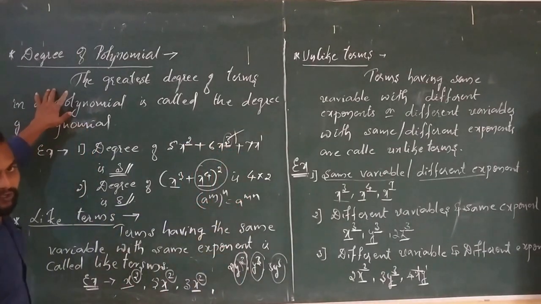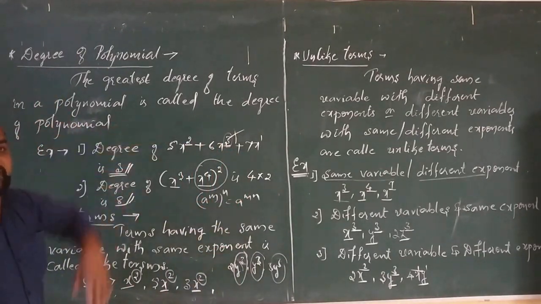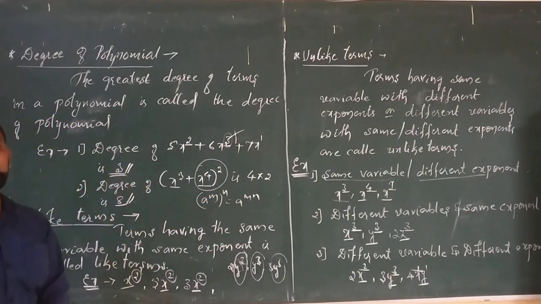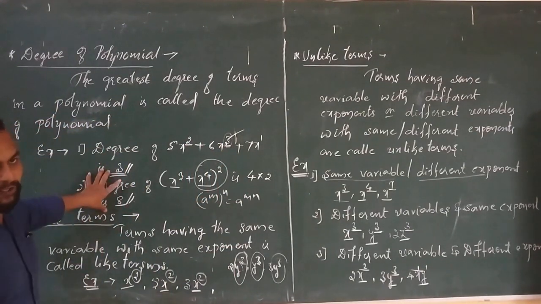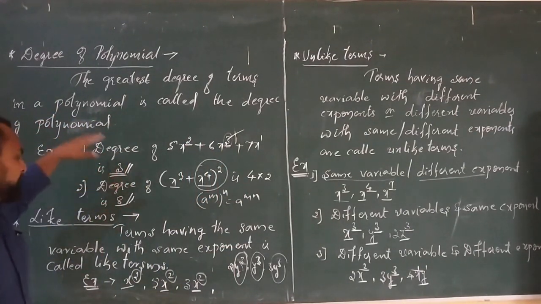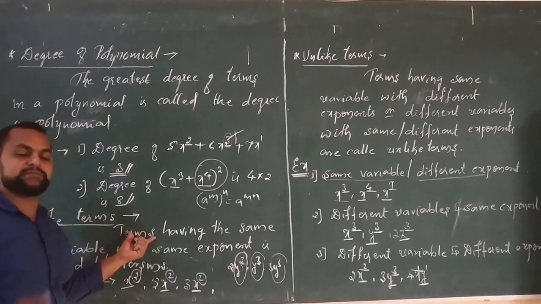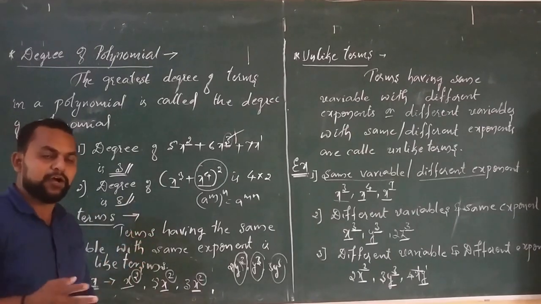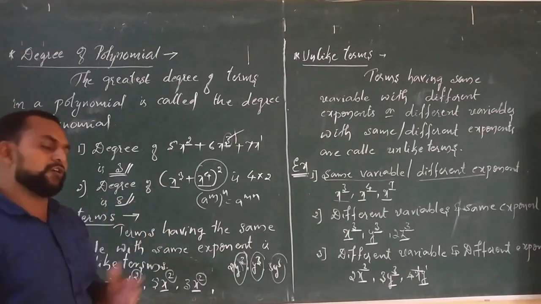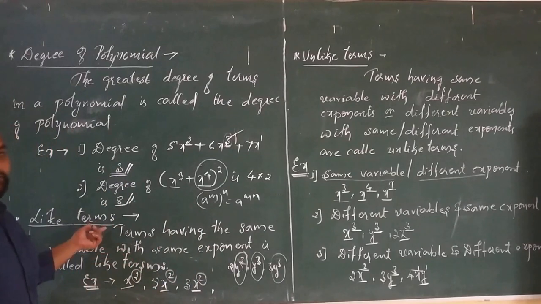The degree of the polynomial is the highest power of the expression. A constant, or variable, or combination of constant and variable is called a term.